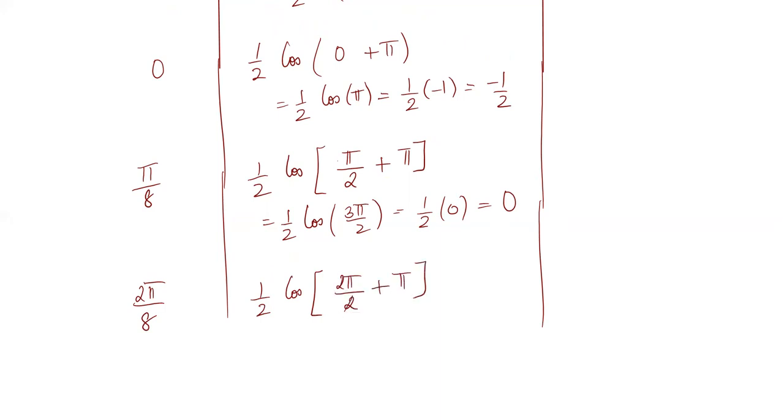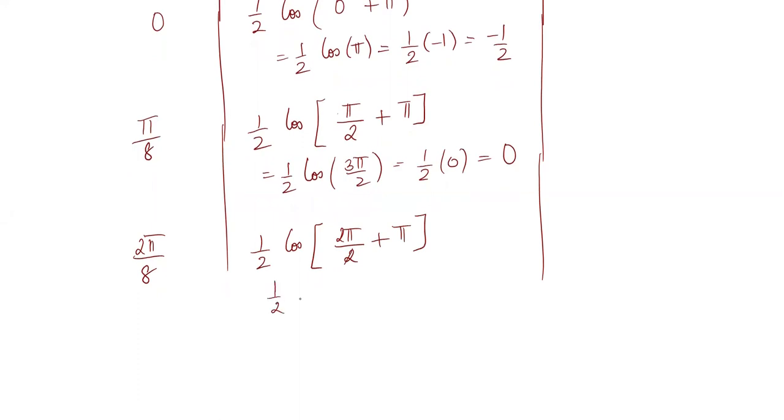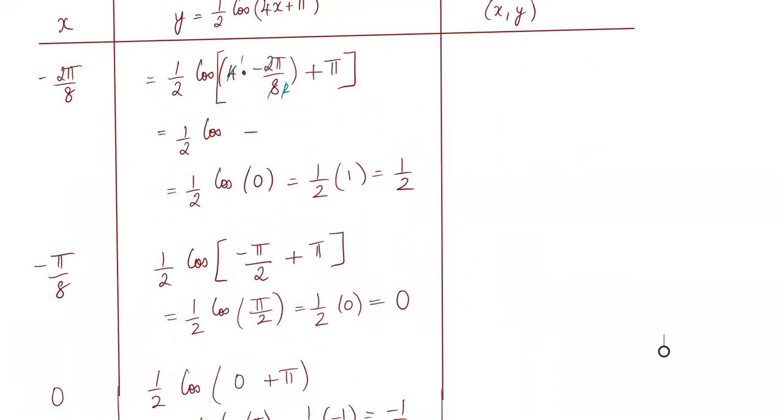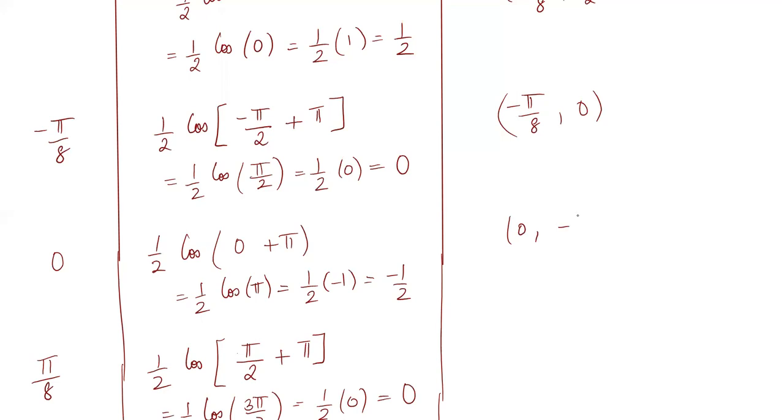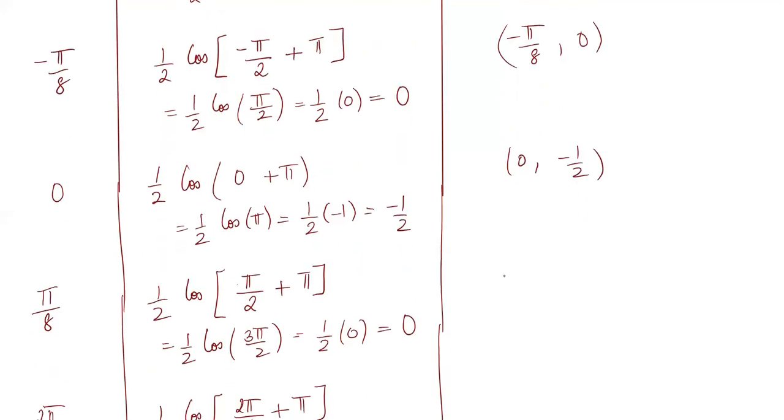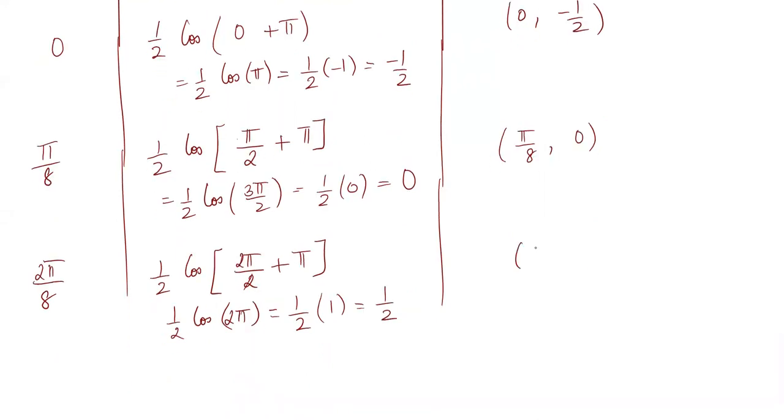And then I have the 2's canceling off. So half cosine 2 pi is what you get out of it, which is half times 1, which is a half. All right, so let's write the coordinates now. And as you write the coordinates, you will begin to see the pattern very clearly. Negative pi over 8, comma 0, 0, comma negative half, pi over 8, comma 0, and lastly 2 pi over 8, comma half.